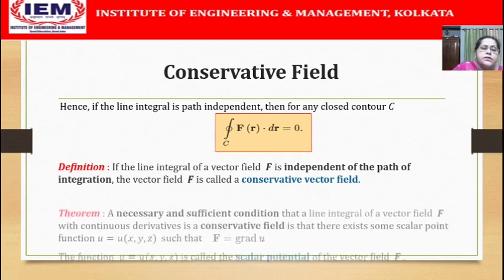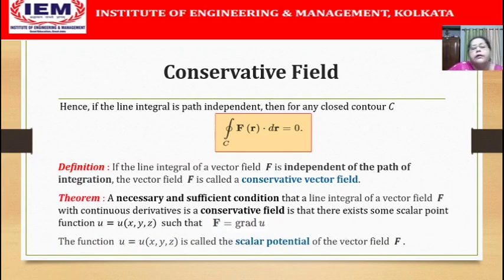So let us now see a theorem which gives a necessary and sufficient condition that the line integral of a vector field f with continuous derivatives is a conservative field, and that is nothing but that there exists some scalar point function u equal to u of x, y, z such that f equals grad u.